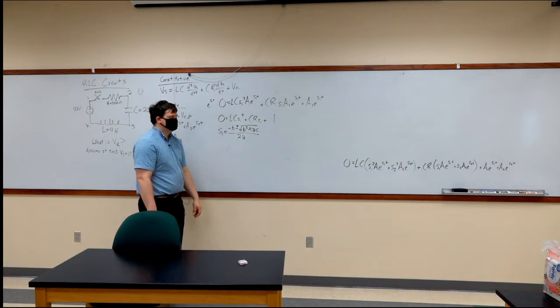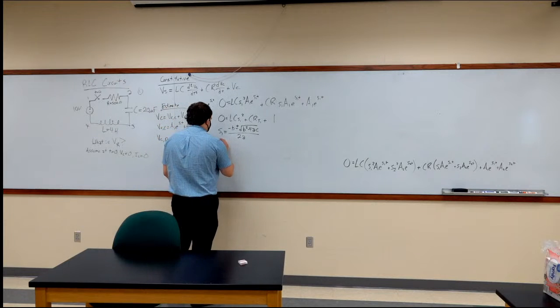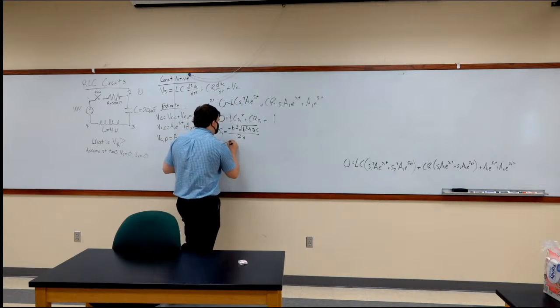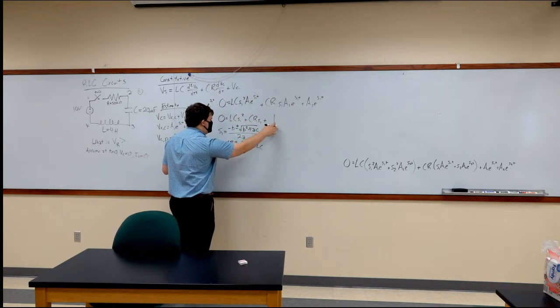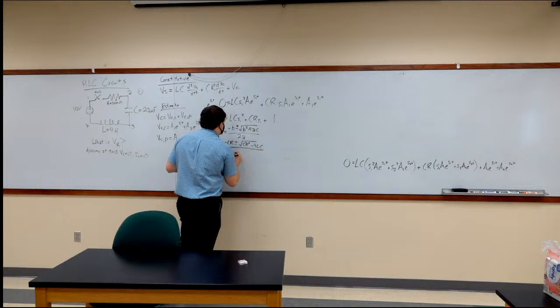So we'll say s1 is equal to negative CR plus or minus the square root of C squared R squared minus 4 LC times 1 divided by 2 LC.